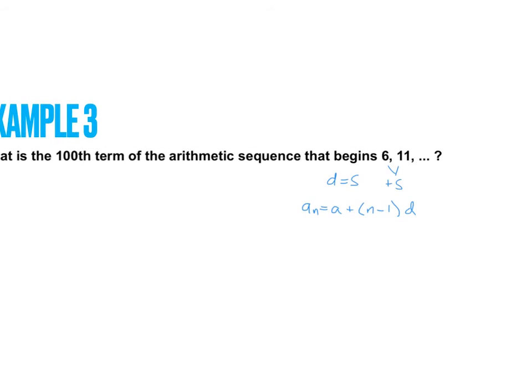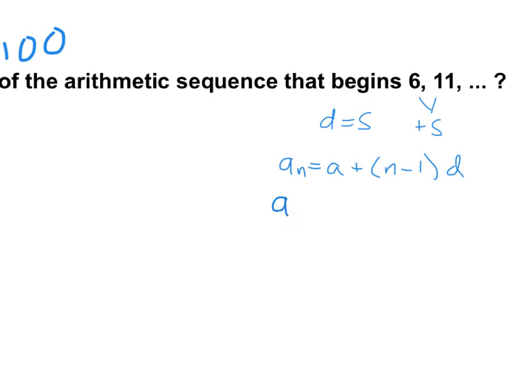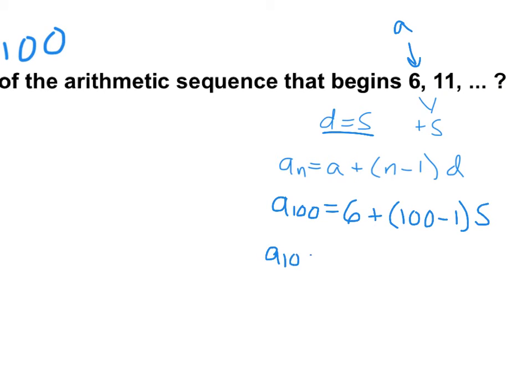We're looking for the 100th term, so our n is going to be 100. Our first term is 6, so that's our A. And we have 100 minus 1 times D, which we said was 5. So we have 6 plus 99 times 5.